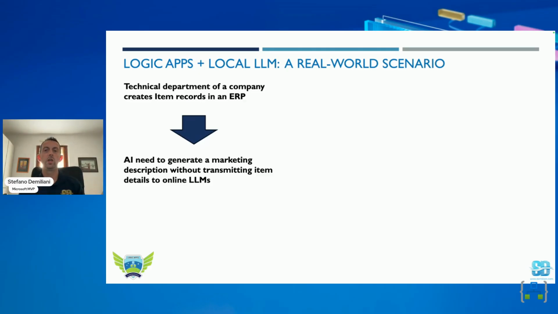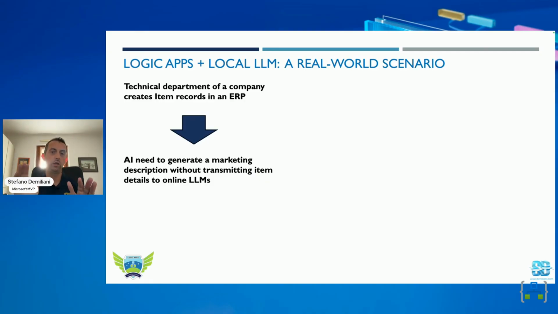One of the tasks this process needs to perform is to generate a marketing description for these items. So a long text that can be used by the marketing department, but without transmitting all the item details to an online LLM, because the company has strict security requirements, and data related to these items cannot be sent to an online LLM.